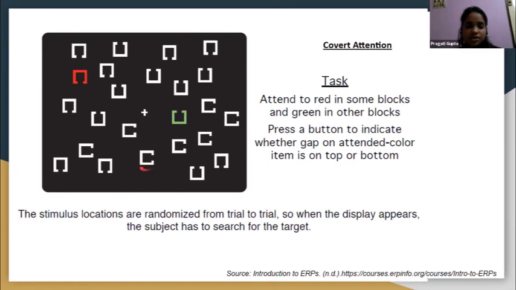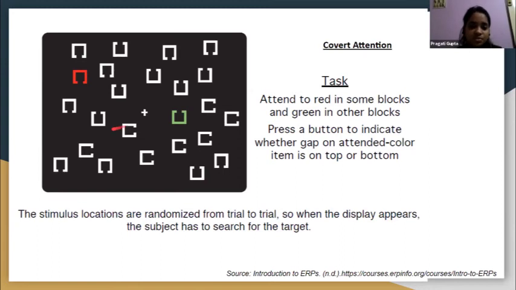The stimulus locations are randomized so that the participant doesn't have a predetermined location of the object.